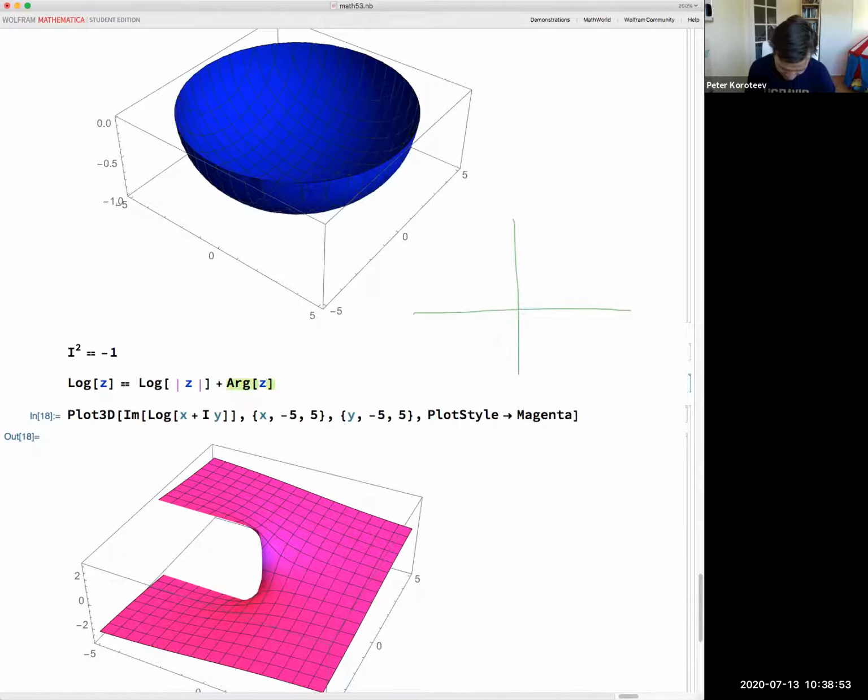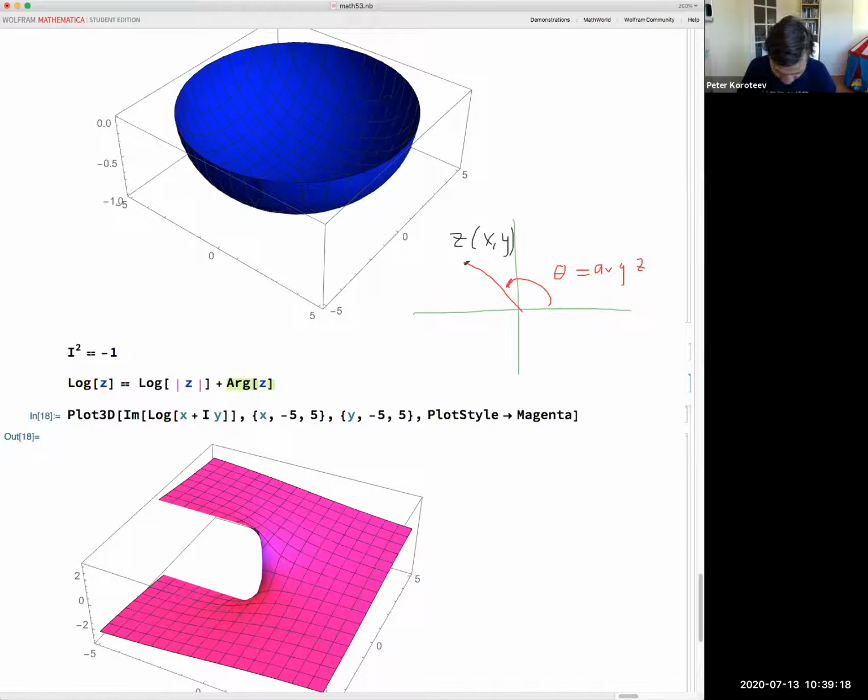If this is your point z with coordinates x and y, then this angle is theta, and it's called the argument of z. The argument changes between 0 along the x-axis and 2 pi. So it's a periodic function like this.